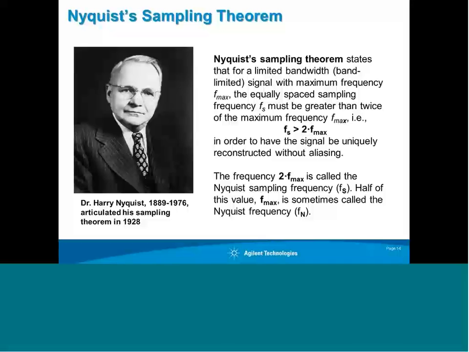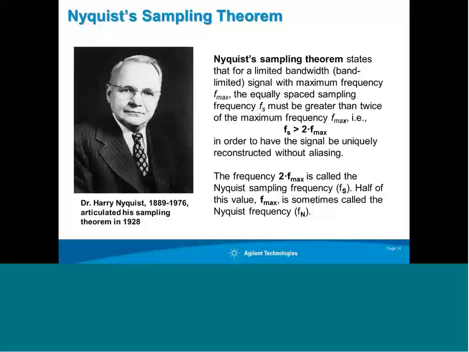So Fs must be greater than 2 times Fmax, in order for the signal to be uniquely reconstructed without aliasing. Now the frequency, 2 times Fmax, today is called the Nyquist sampling frequency.